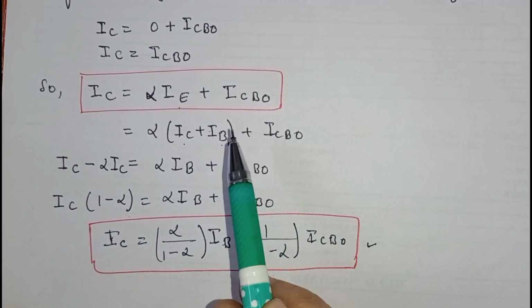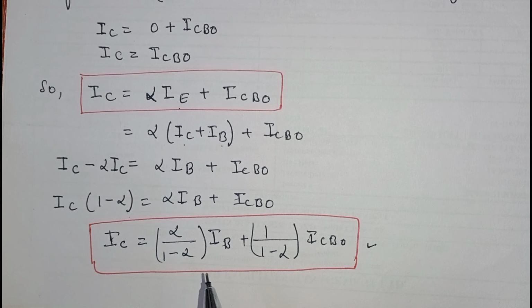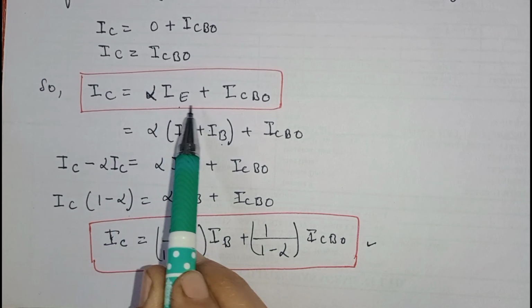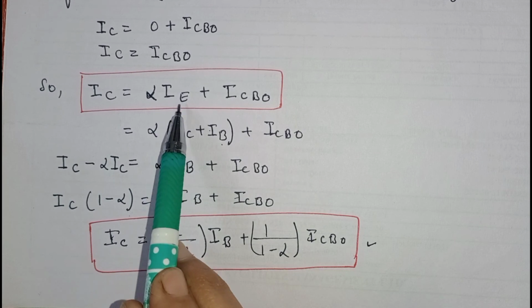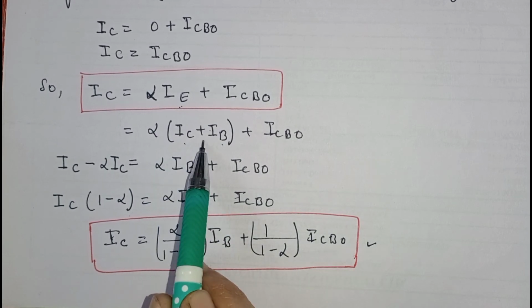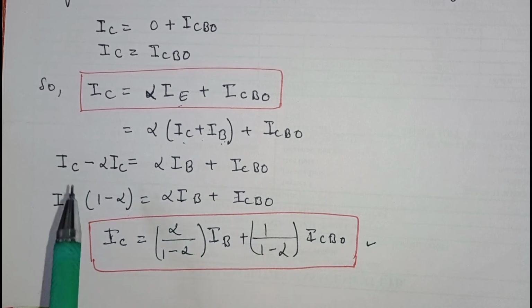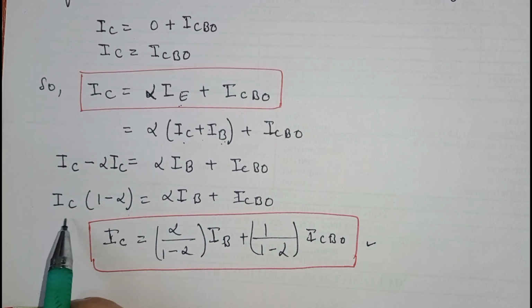Now we will find one more equation for IC, the output current. We know IC equals alpha IE plus ICBO. Now we will put the value of IE, which is IC plus IB. Now we will open the bracket and take this IC to this side. Now IC will be taken common.